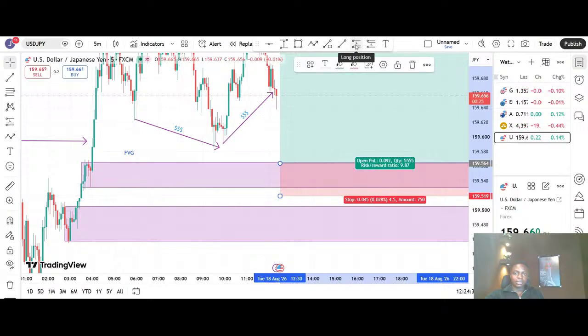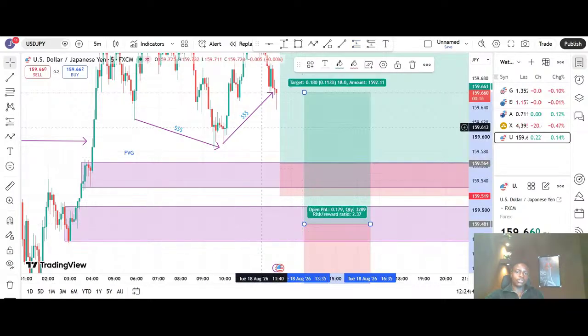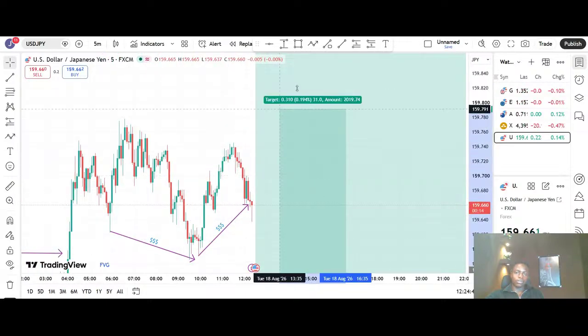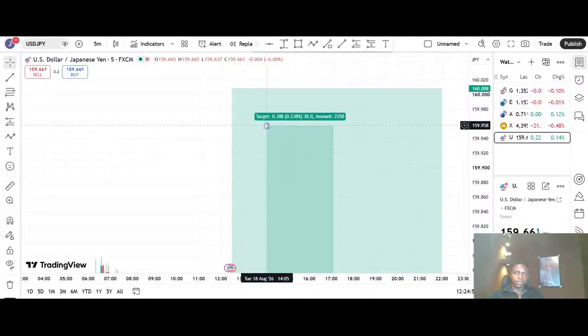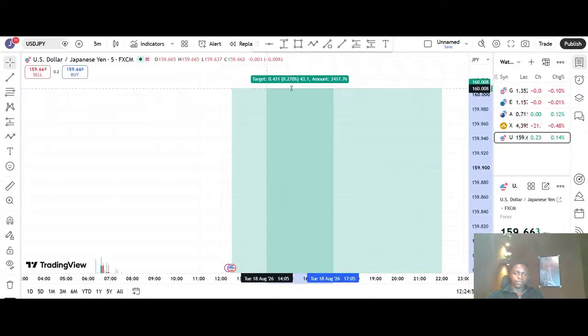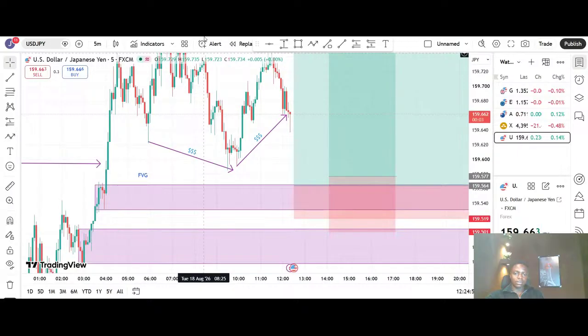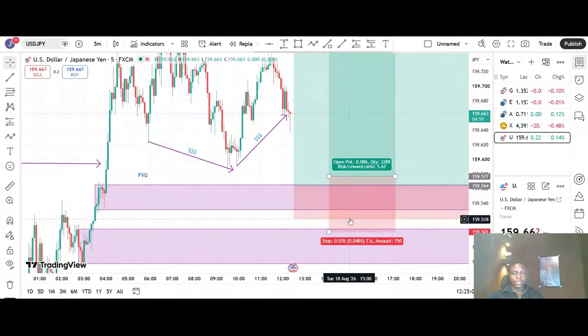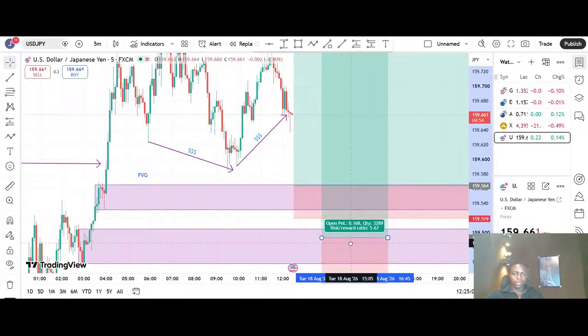If the market does not respect this first order block, then we'll look for how to enter at this second order block, and then we'll push the price up. My take profit is simply going to be 1,600.